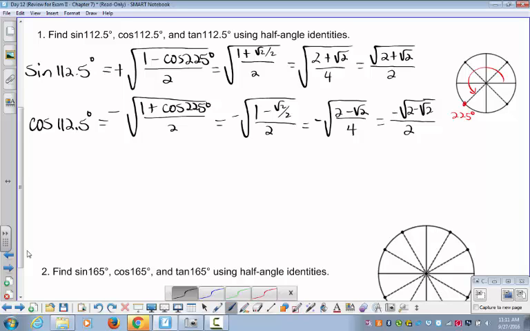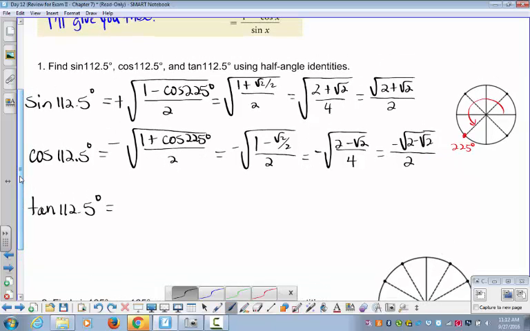All right. Tangent. I got a question. Yeah, go for it. How do you simplify the denominator? If you have the square root of a fraction, it's equal to the square root of the numerator divided by the square root of the denominator. So this fraction inside the square root simplifies to the square root of the numerator over the square root of the denominator, and the square root of 4 is 2.